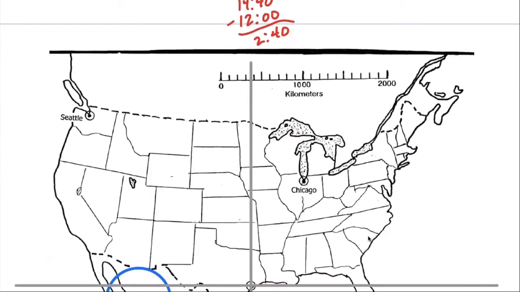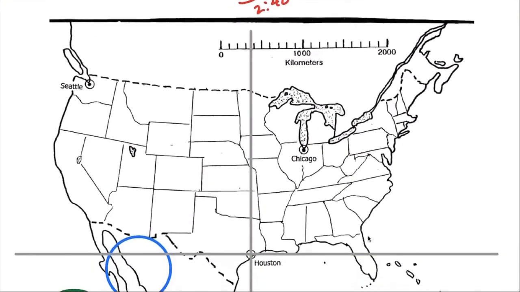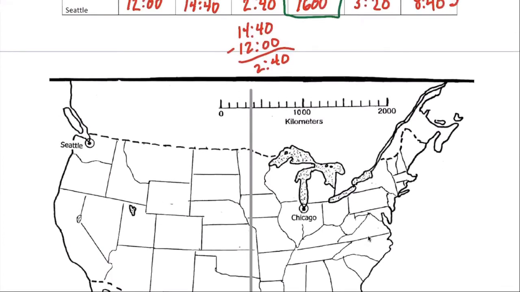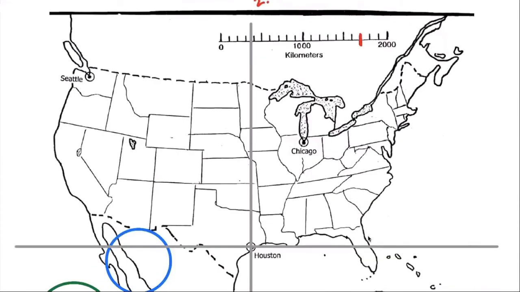So here's why we do this. I need a circle that has a radius of 1,700 kilometers. And 1,700 is right here, according to this scale. And different scales are different things. That's 1,700 right there. So halfway through the circle needs to be that wide. So that's the radius of my circle, 1,700. All right, so we'll use blue for Houston, since it's the closest one, and we're going to move everything around.